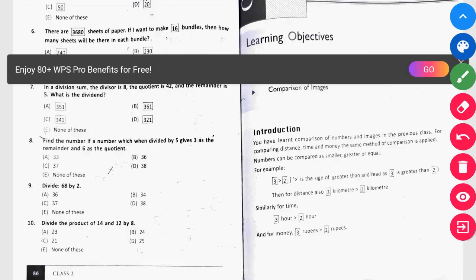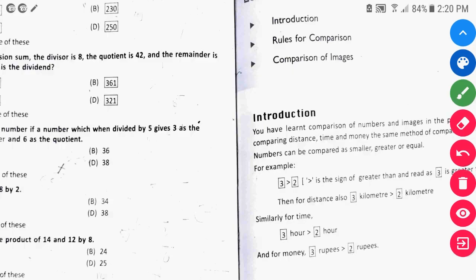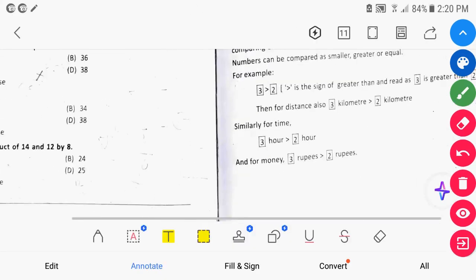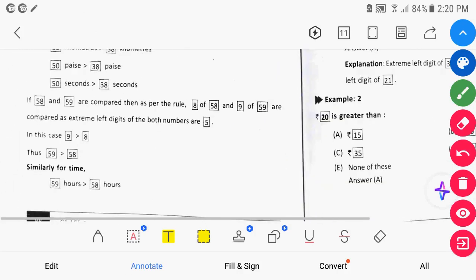The larger number is always shown with the sign like this, where the two arrows face towards the larger side, and the vertex point, or point of the angle, faces towards the smaller number. So we compare between two numbers, or between images, which is the taller image and which is the shorter image.